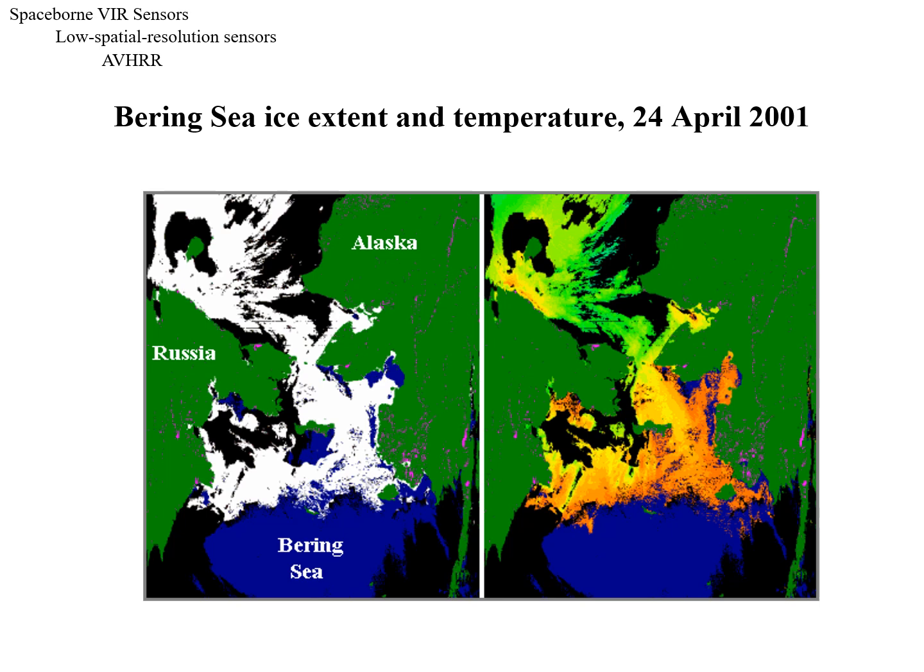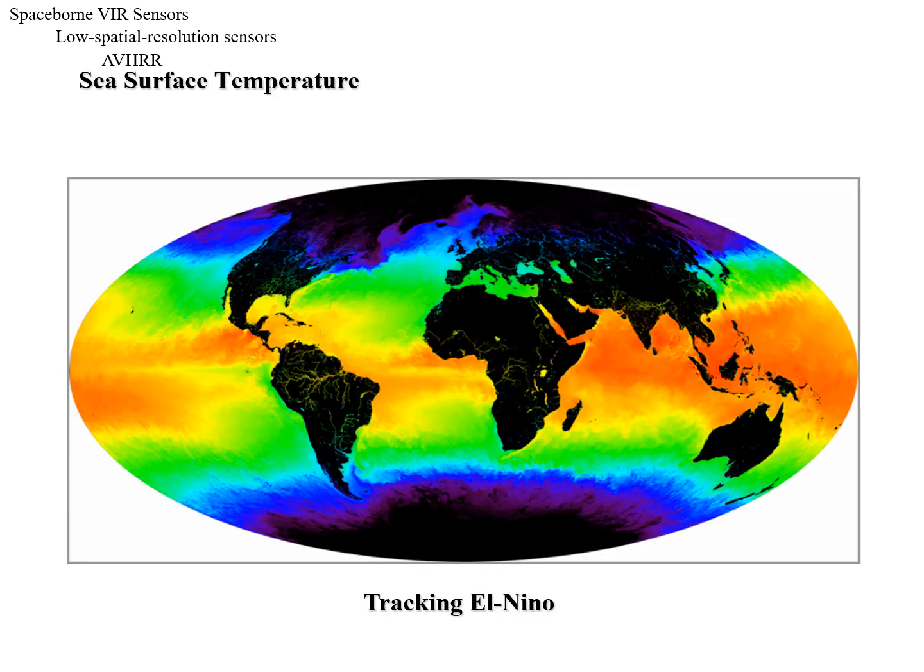Another data product that's generated is ice extent and temperature. So those studying the polar ice can get estimates of that without additional processing. Sea surface temperature, which is tremendously important, number one, for fisheries.